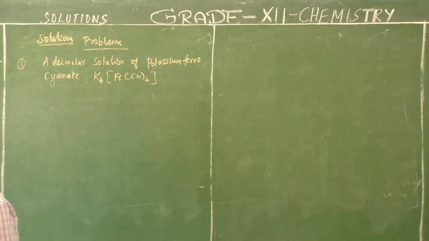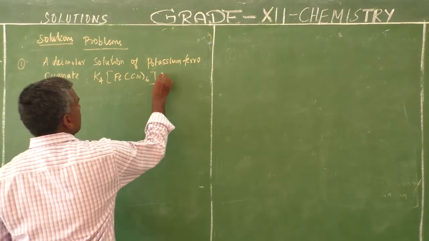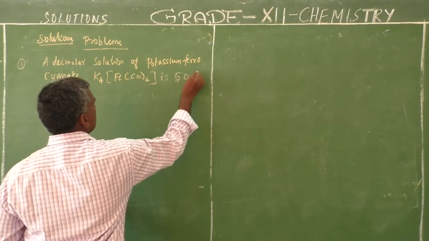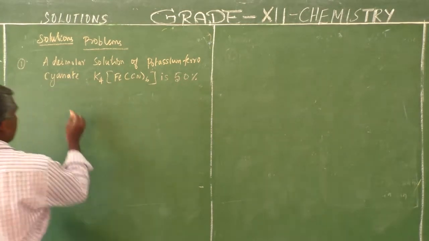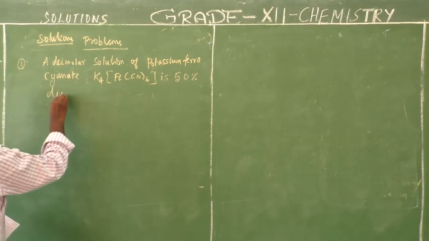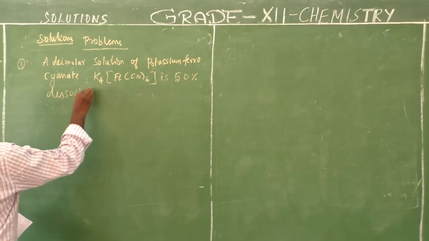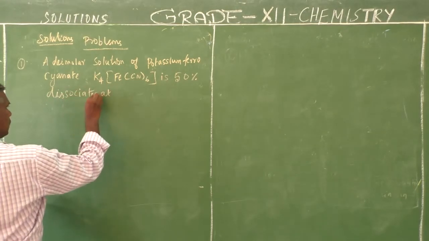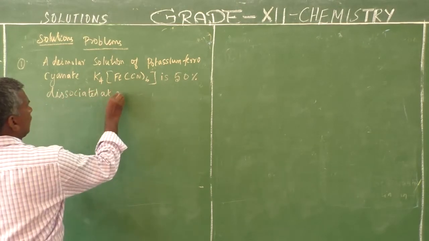A decimolar solution of potassium ferrocyanide is 50% dissociated at 300 Kelvin.